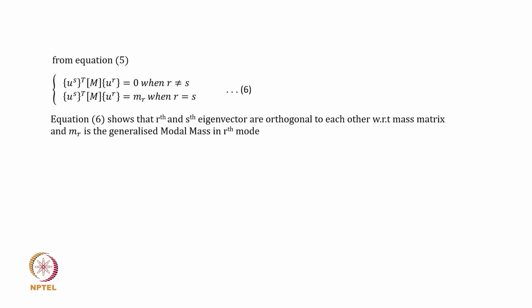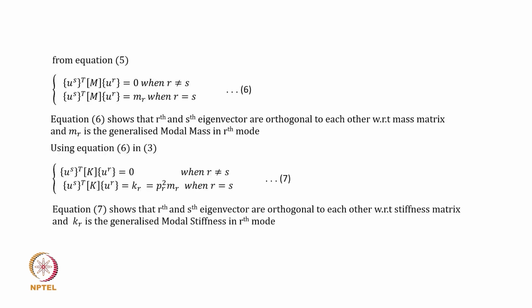The same applies to the stiffness matrix, and then you get a generalized stiffness Kr as the outcome of pre-multiplication and post-multiplication by the same eigenvector, and it is quite straightforward to show that the rth eigenvalue or rth natural frequency is equal to square root of generalized stiffness over generalized mass in the rth mode.